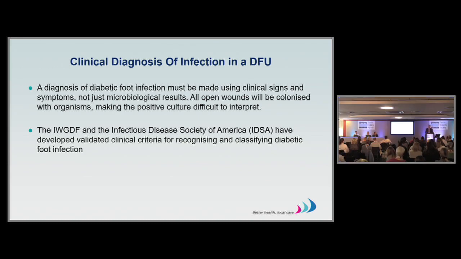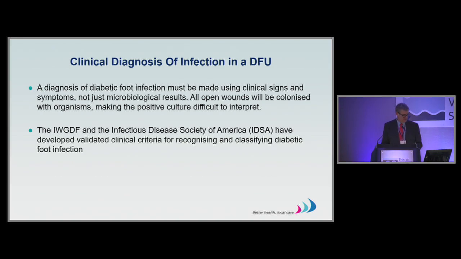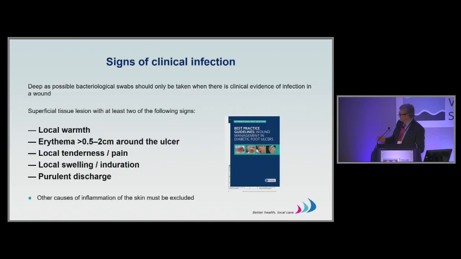So the International Working Group on the Diabetic Foot and the Infectious Diseases Society of America have come up with a really good table, and that table can be found in the best practice guidelines, wound management in diabetic foot ulcer, that goes through every aspect, and they've got one section on infection.